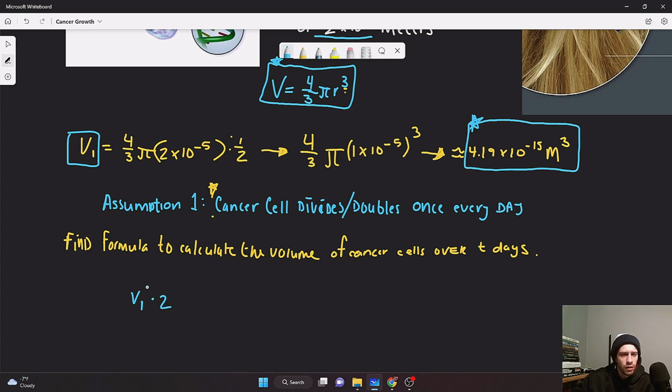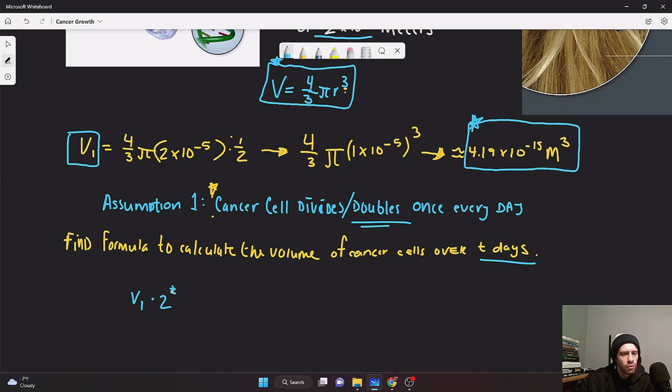Because it's just doubling. And it's over T days, so we can raise this to the T power, because 1 day would just be times 2. If it was 2 days, it would double twice, so this would be 4.